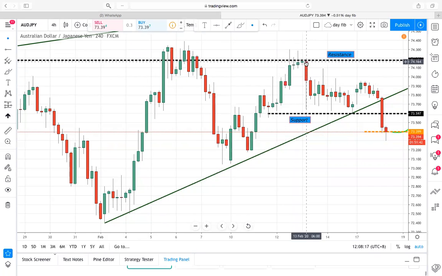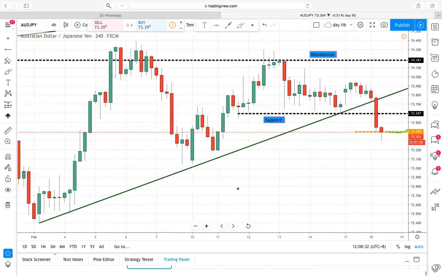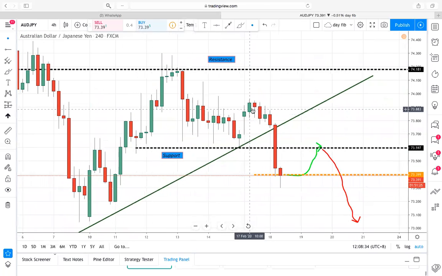That tells you the sellers are back in action, pushing it down. It reaches this support, bounces up, reaches the support, bounces up, but without much strength, and it comes tumbling down here.